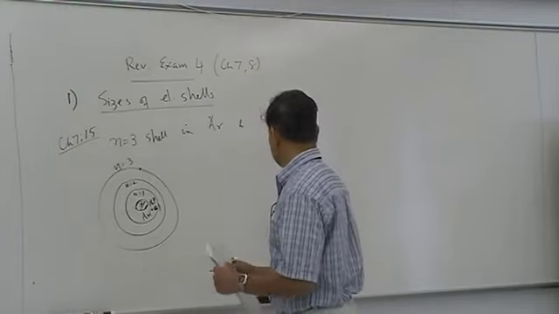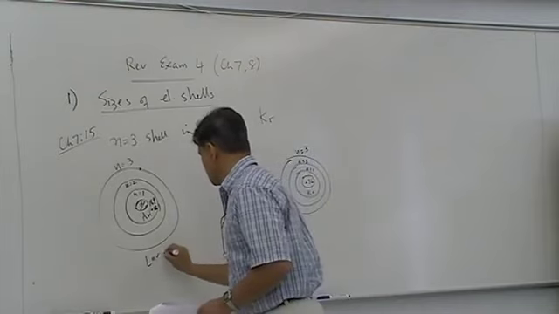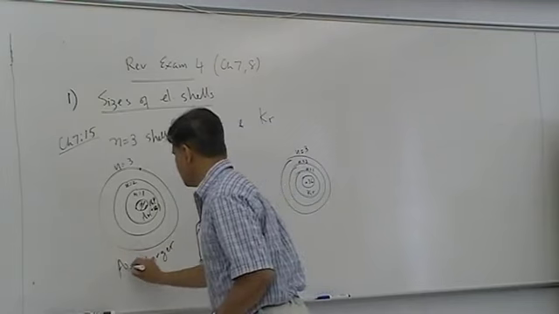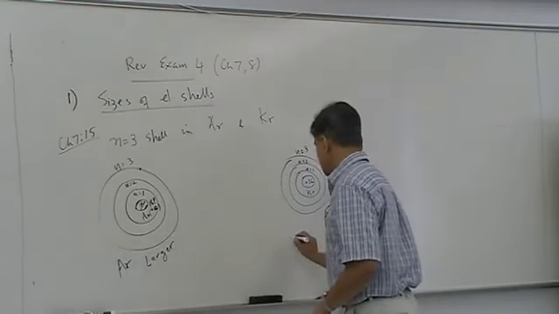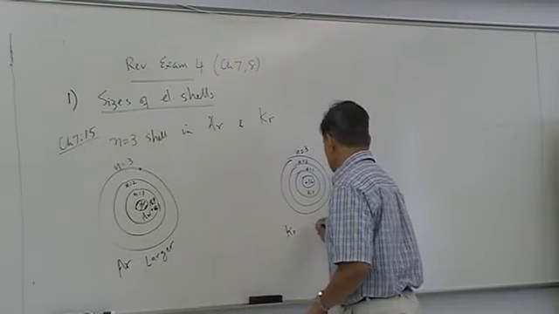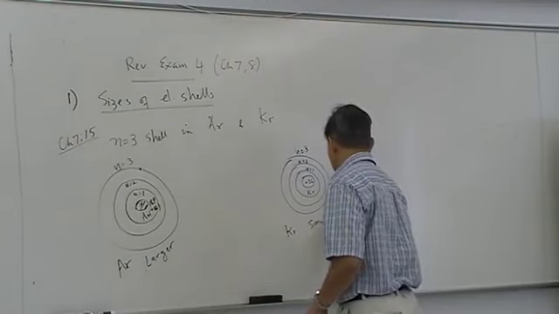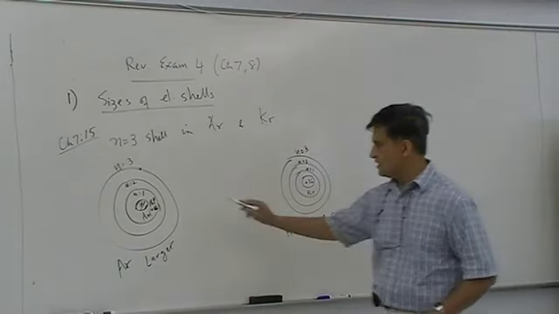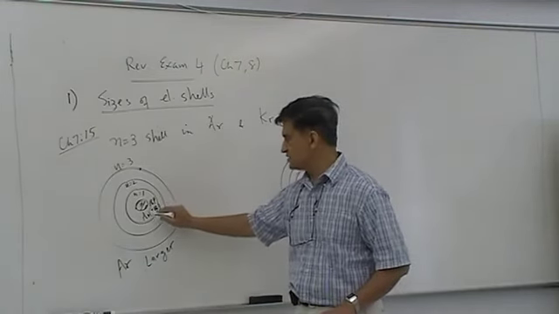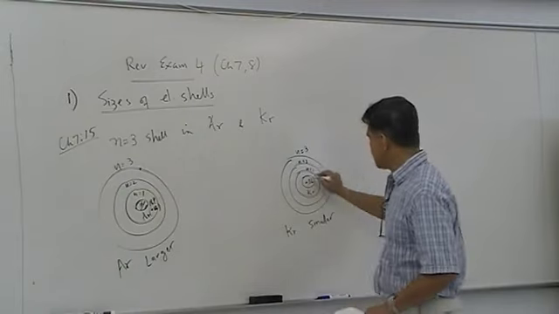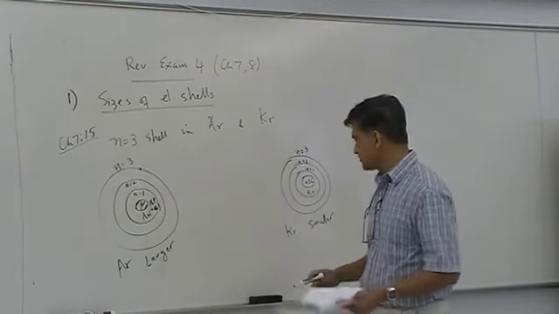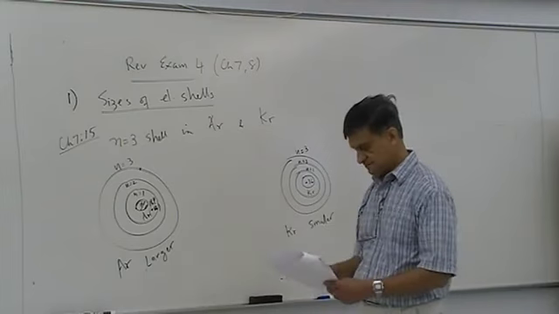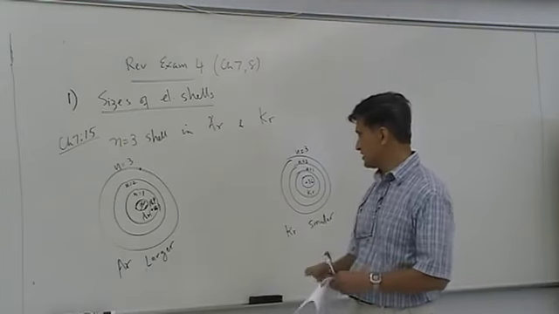So the final answer is that argon's 3s is larger than krypton's, because krypton has a larger number of protons in the nucleus, while argon has a smaller number of protons or positive charge in the nucleus. So in krypton there is a greater attraction, and that attraction brings electrons closer to the nucleus, giving it a smaller size. So there will be a question like this in the exam.